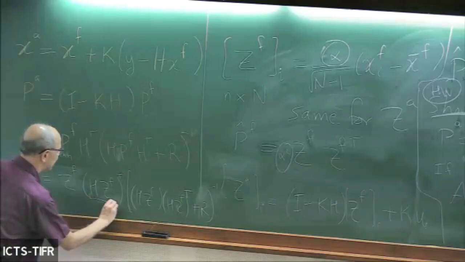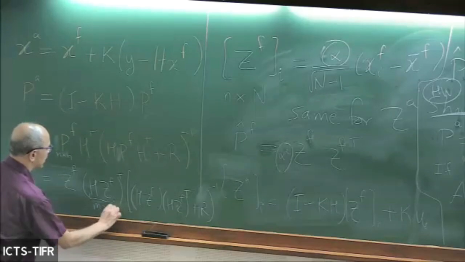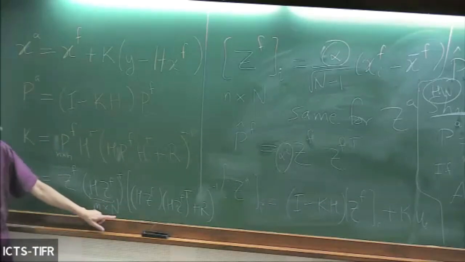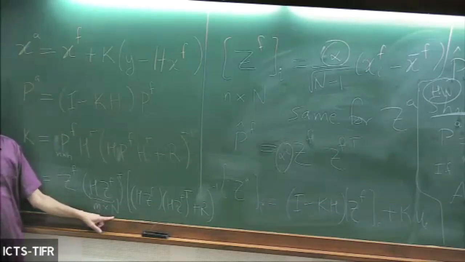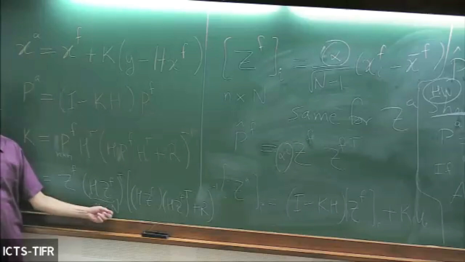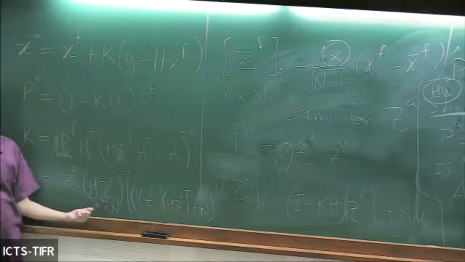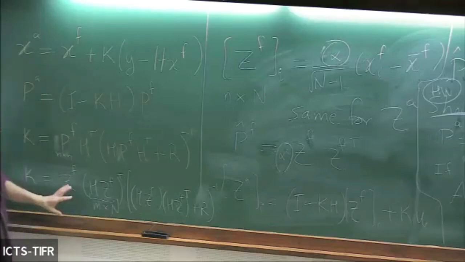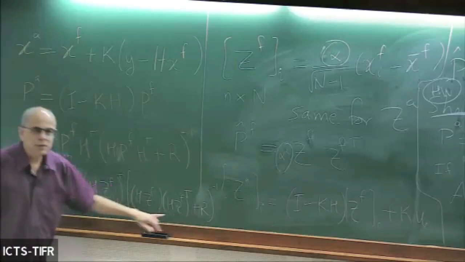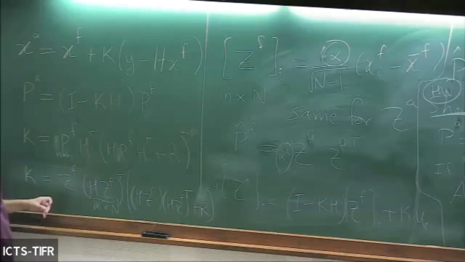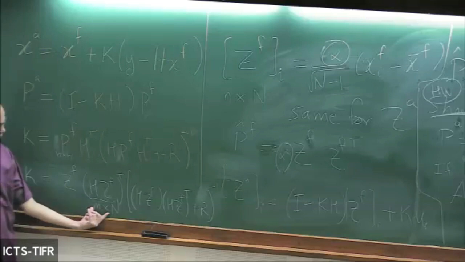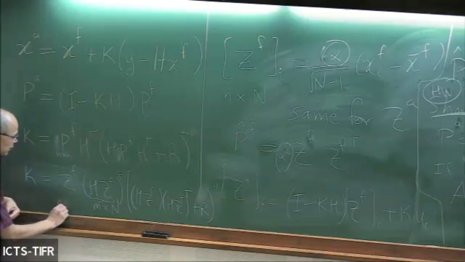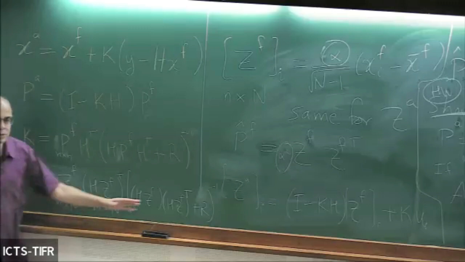So H ZF by itself is m cross p. m is the number of observations, p is the ensemble size. So this is also a smallish matrix, not as big as an N cross N matrix. So everything here now is not a very large matrix. There is nothing N cross N in this equation.